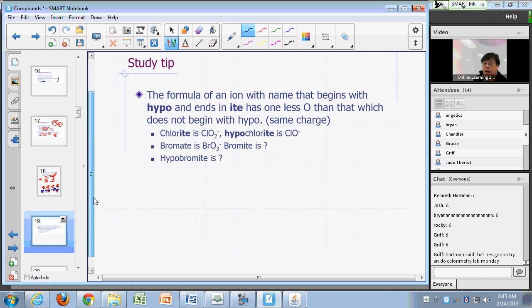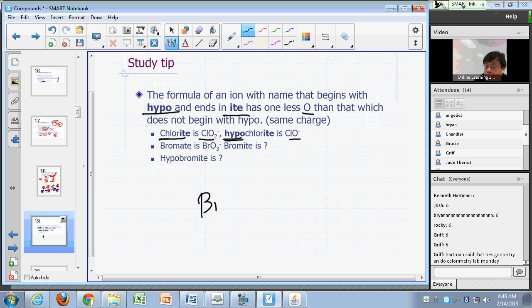All right. If you have an ion with a name that begins with hypo and ends in ite, then it just has 1 less oxygen than the ion whose name doesn't begin with hypo. So for example, chlorite is ClO2 negative 1. If you put hypo in front of the name, hypochlorite, you have 1 less oxygen. It's just ClO negative 1.